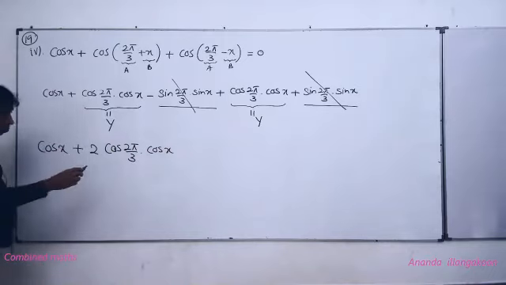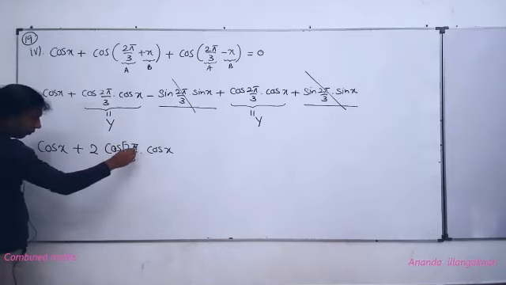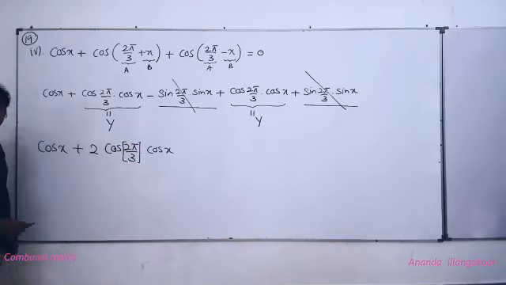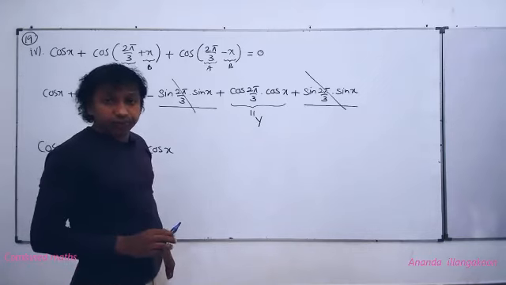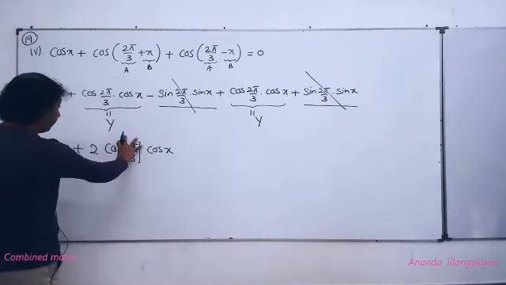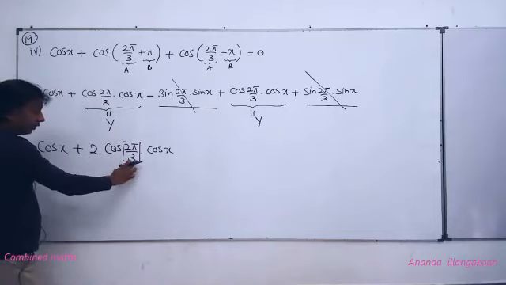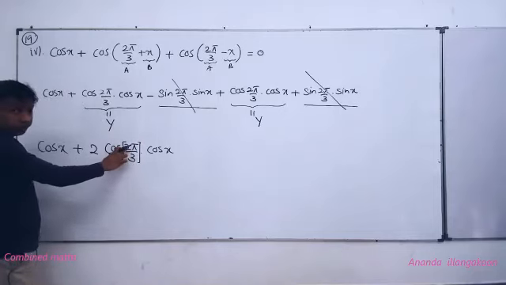What is this 2π/3? 120. Cos 120 is minus half, we know. π/3 is 60, so 2π/3 is 120. Cos 120 is minus half.